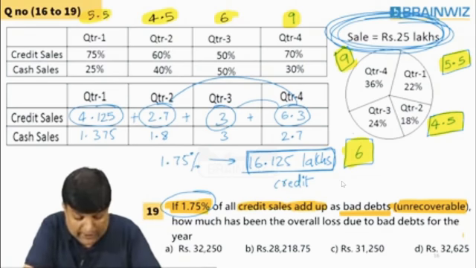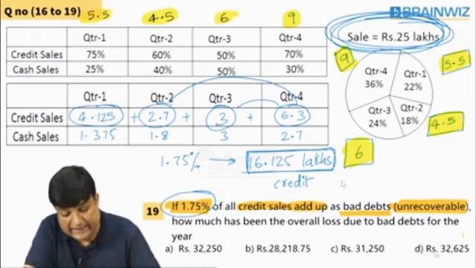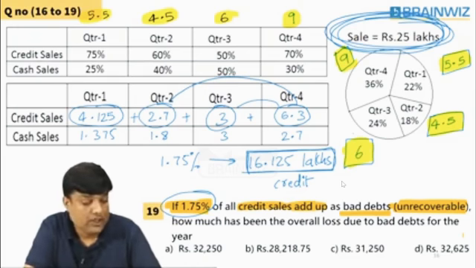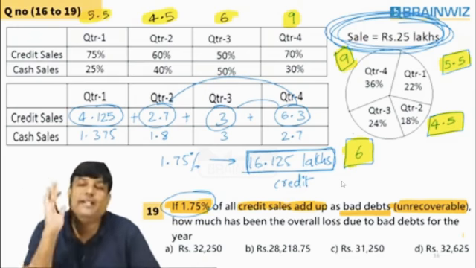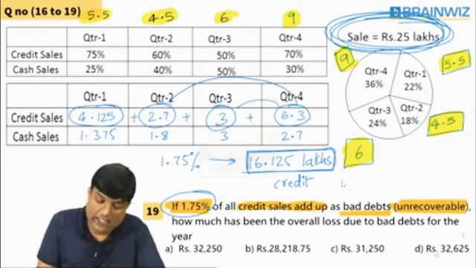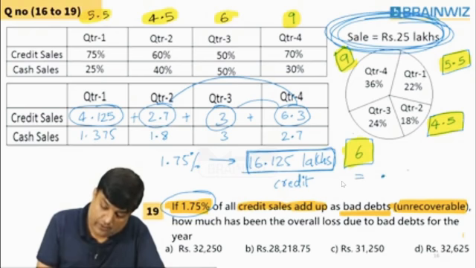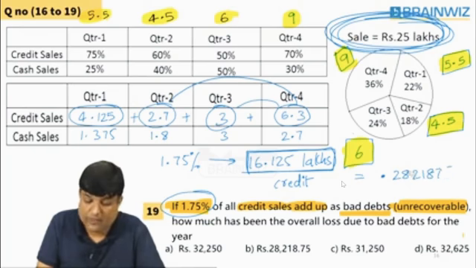Means 1.75% of 16.125 lakhs. When you calculate, this is 0.28, 21875, something like that. Are you understanding, everybody?